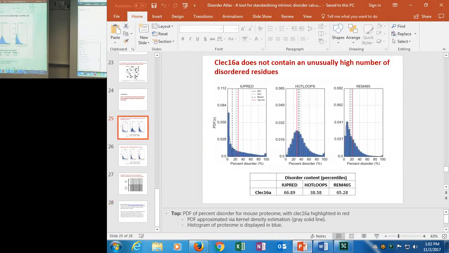When you look at the distributions, you can see that, for example, one tends to have a more normal type distribution, while the other two tend to be more similar. There's a stronger correlation between these two, and those two correlate very well with each other. It's the way they define disorder themselves.